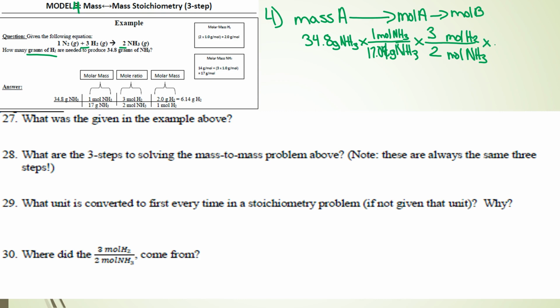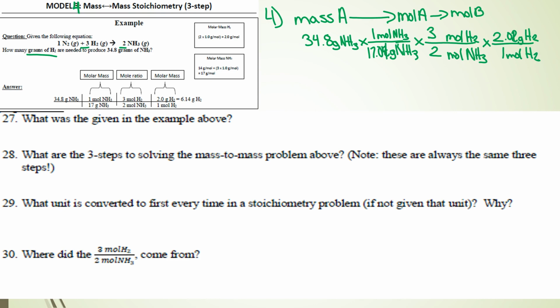And then lastly, all right, so that's kind of our basic steps of what we did.